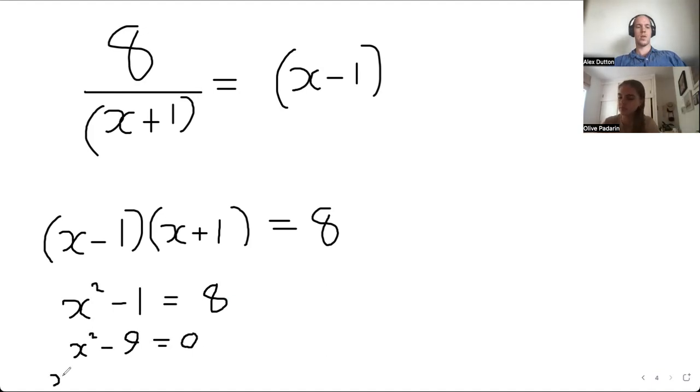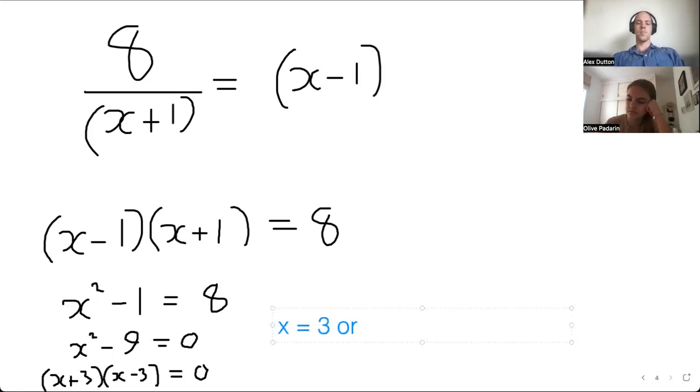And then you get x plus 3, x minus 3 equals 0, and therefore x is either 3 or minus 3. Okay?